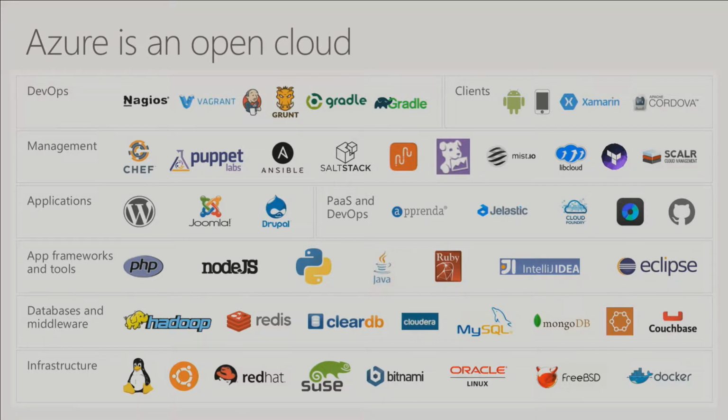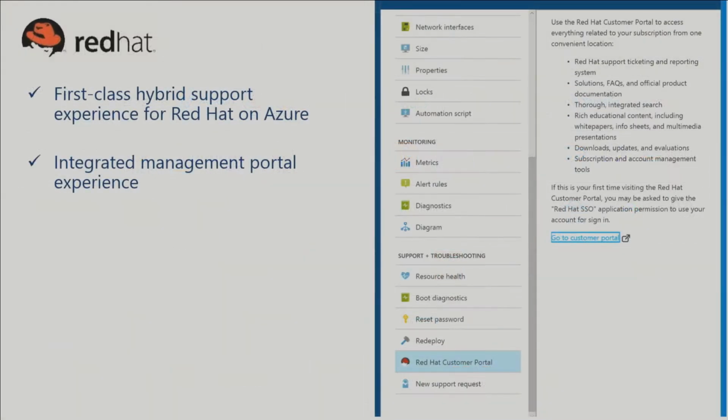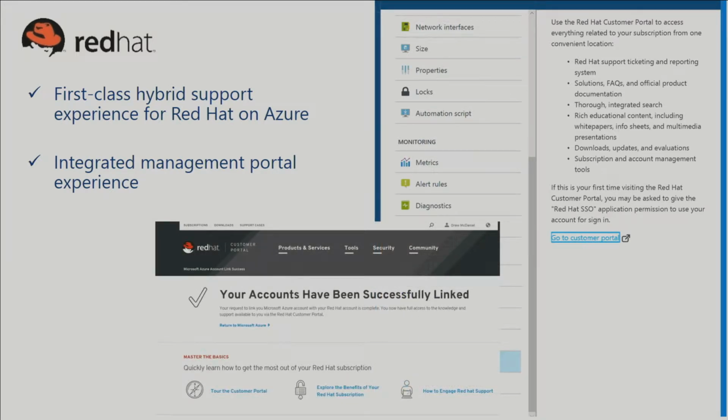One thing I want to call out here, especially for IT infrastructure folks in the room, is if you're using Red Hat in conjunction with Microsoft solutions, we've done some amazing work in partnering with Red Hat. As an example, the first point there is we have partnered with Red Hat to provide you an awesome customer experience.